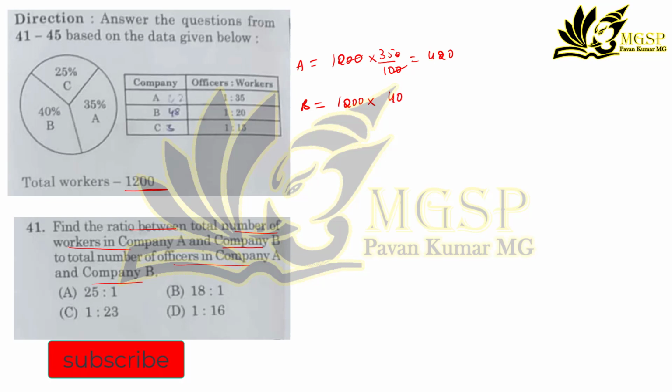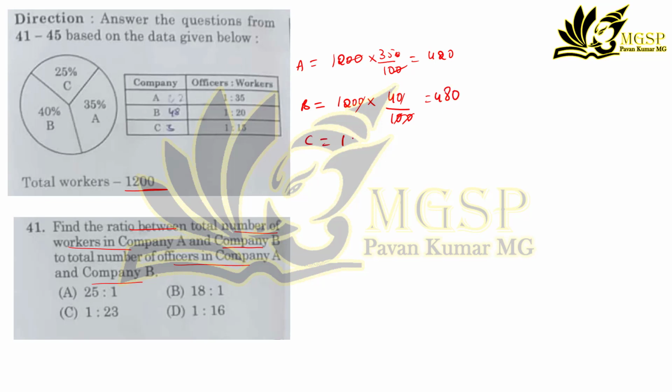Next, for company B, the number of workers will again be the total number of workers times 240 divided by 100. This gives 480 workers. Again for C, 1200 into 25 divided by 100.